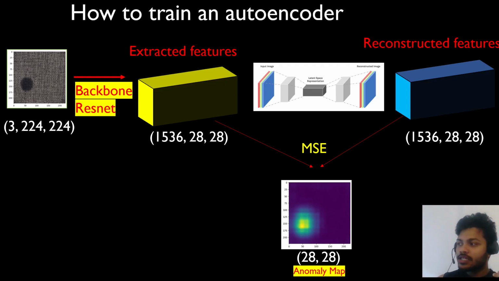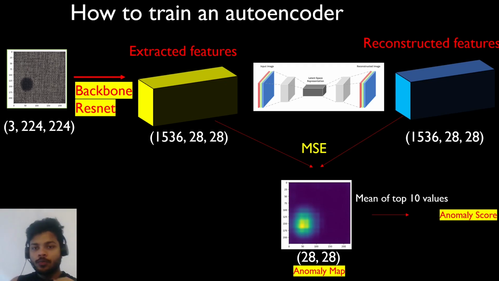Here we see that for this particular input where there is a fault, the heat map accurately identifies that this part has a higher reconstruction error. These pixels have a very high reconstruction error, so there is a chance that there might be a fault in this local area. If we take the mean value of the top 10 pixels, we can get the anomaly score for the whole image, in order to say whether this image belongs to the normal class or not.